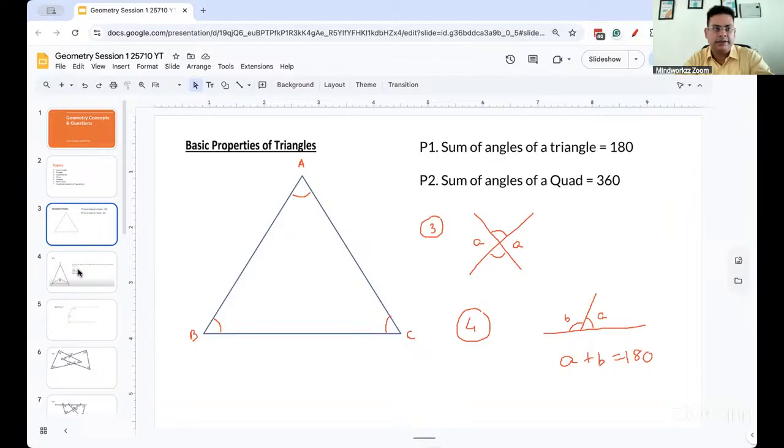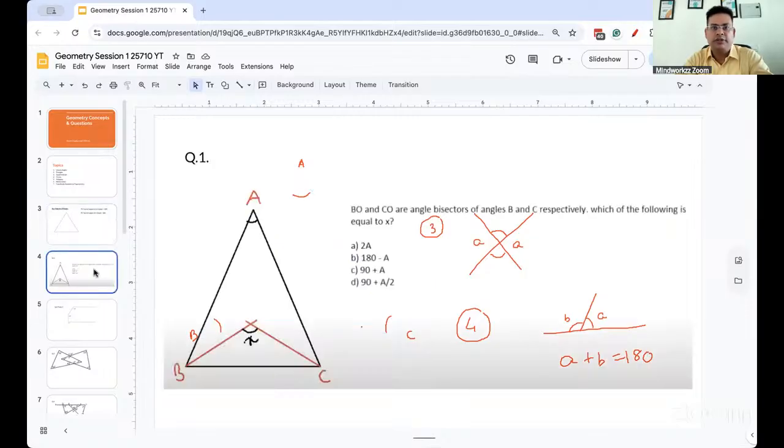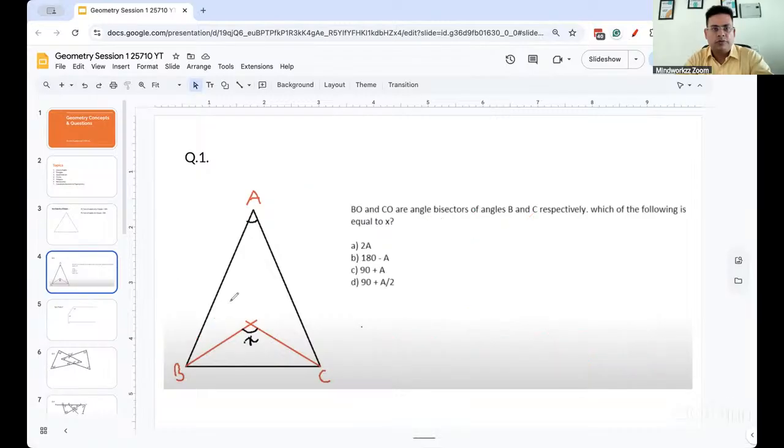Let us try and solve this question. I hope this is clear, what I have told till now. So this is the first question. Try answering this. You have 2 minutes. It uses the basic concept which I have told you, the four properties of triangle. Try solving this question. I'll give you 1 minute.